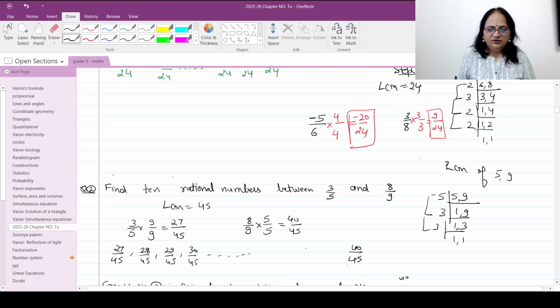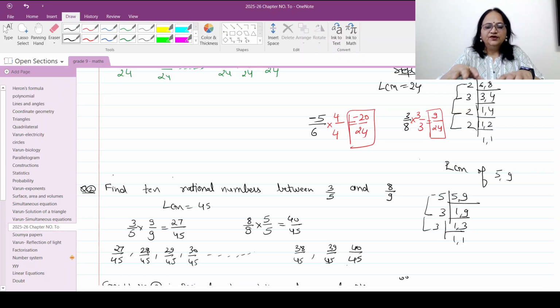You can find out till 40, means 39 upon 45, 38 upon 45. So it depends how many rational numbers you have to find out between two given numbers, right? So I hope this concept is clear to you.